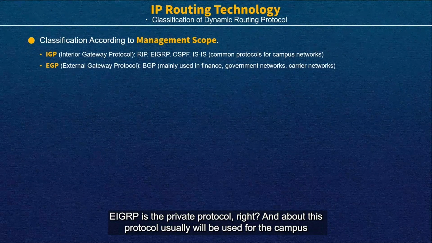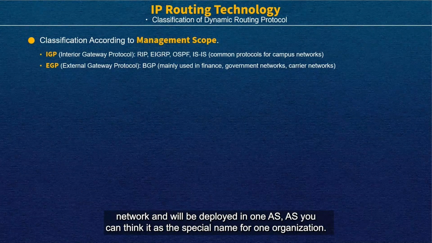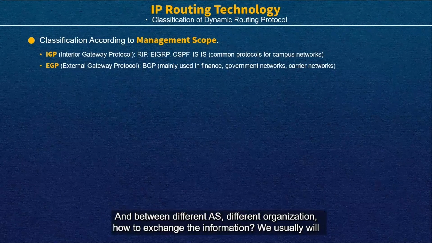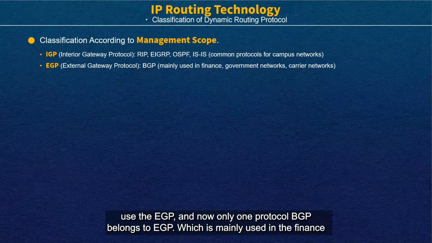And these protocols will usually be used for campus networks and deployed in one AS. An AS you can think of as specific to one organization. And between different ASes, different organizations, to exchange information, we usually use EGP. And now only one protocol, BGP, belongs to EGP.